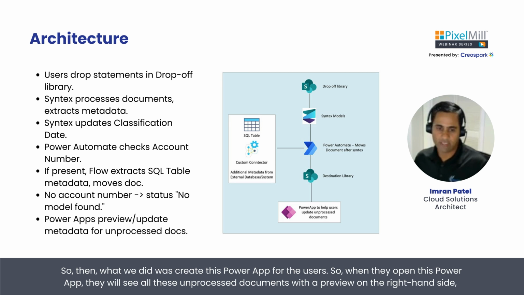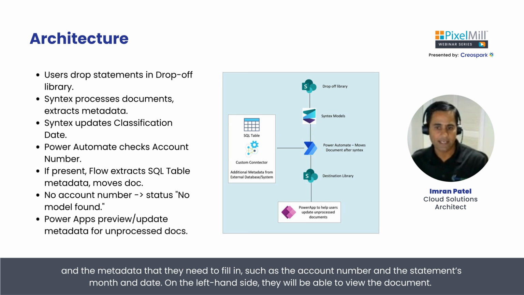So then we created a nice Power App for the user. When they open this Power App, they will see all these non-processed documents. On the left-hand side, they will preview the document. On the right-hand side, they will see the metadata that they need to fill in, such as account number and statement month and date.